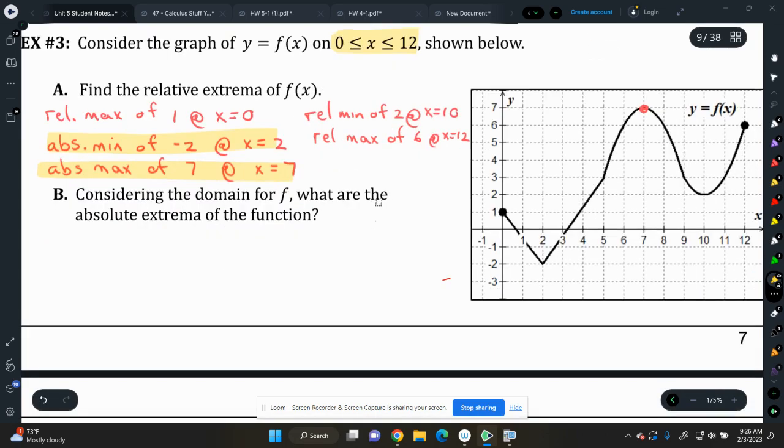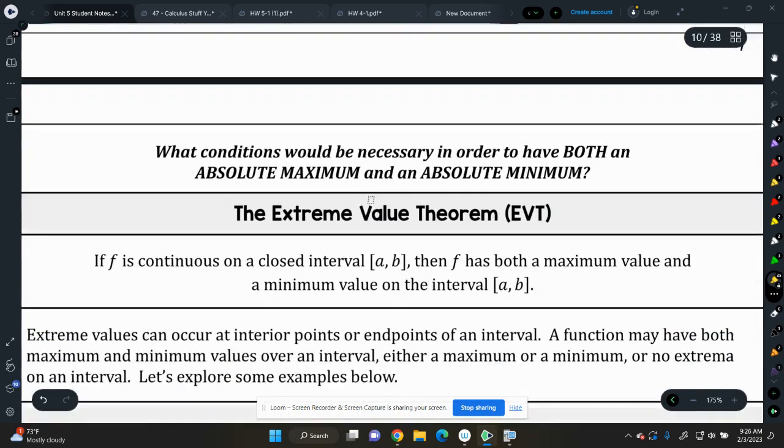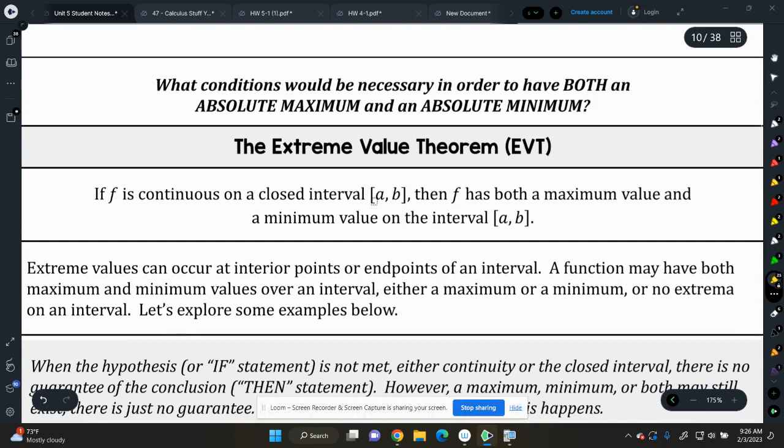Questions on that? Okay. So that leads us to what we call the extreme value theorem. What you really have to focus in on with the extreme value theorem is that f must be continuous on the closed interval.